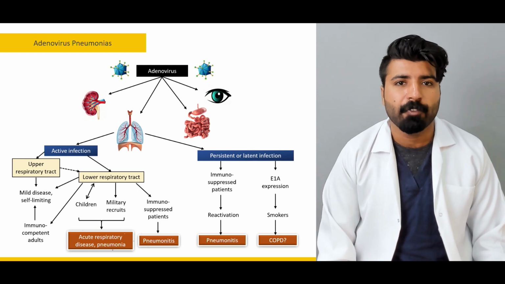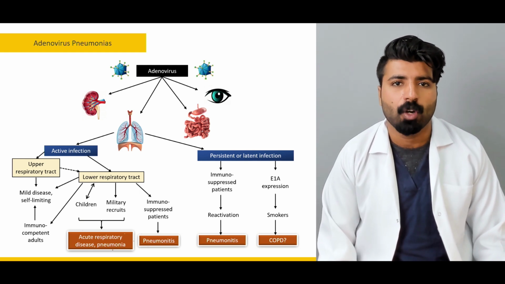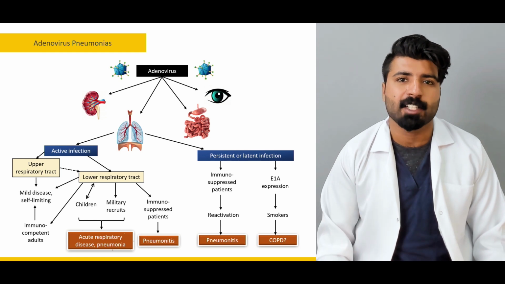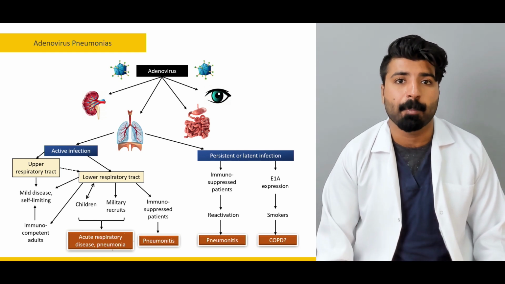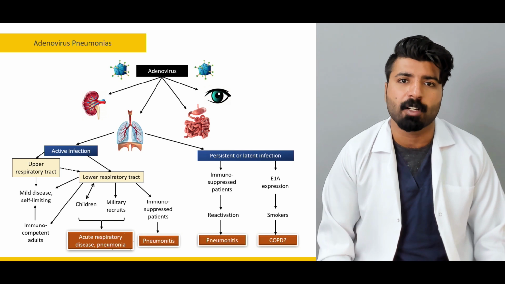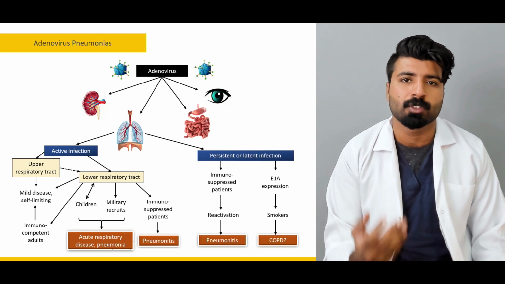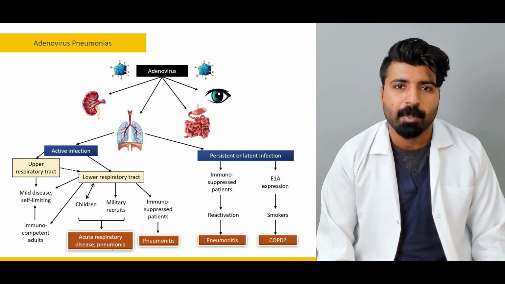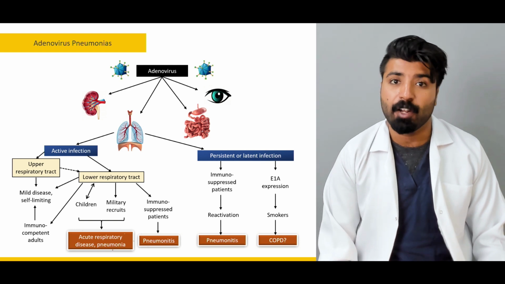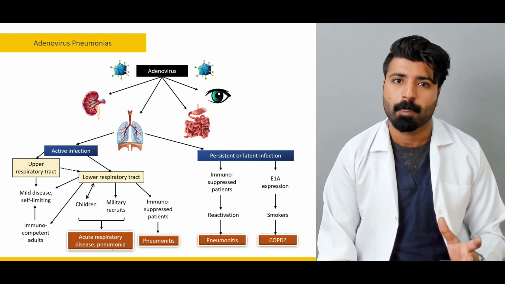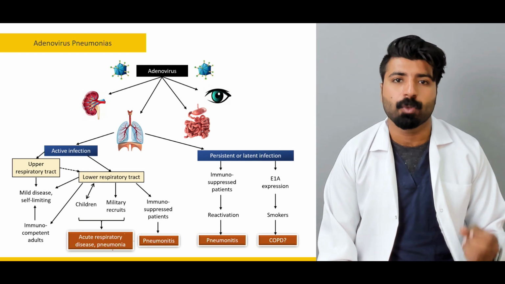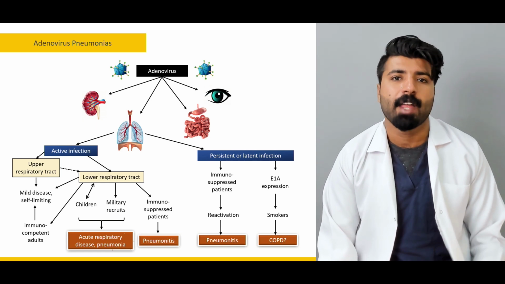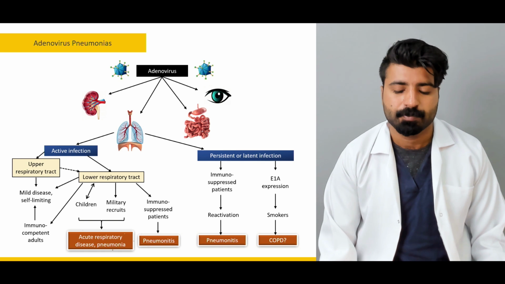And these viruses can go into a dormant phase and later express themselves. The latent infection will happen, or the infection has been persistent, with persistent exposure to this virus. Pneumonitis will happen. But if the patient is also a smoker, it will lead to the expression of E1A, and that will lead to COPD.